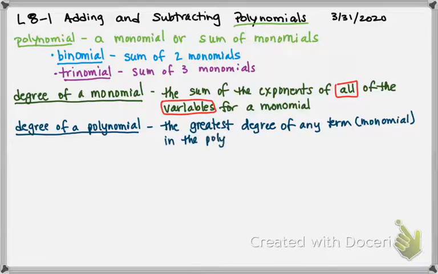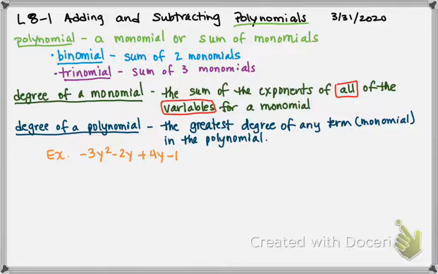So just like in class, you are copying everything I'm writing and you're listening to everything I say, okay? Let me give you a couple of examples, because we're going to have to figure out the degree of each monomial, and then whichever one is highest is going to be the degree of the polynomial, okay? So let's deal with negative 3y squared minus 2y plus 4y minus 1.